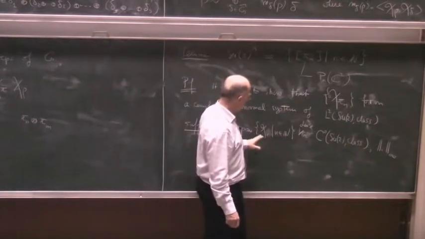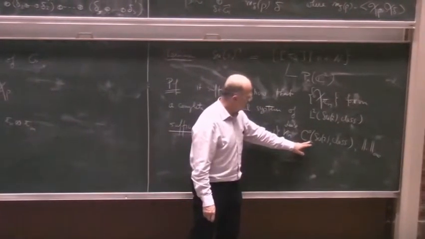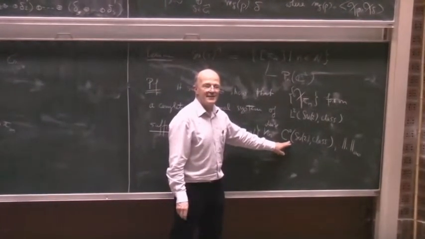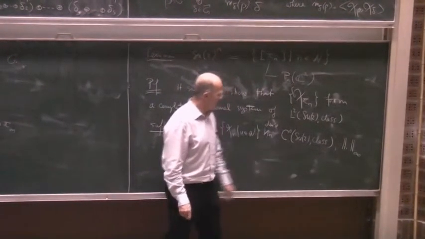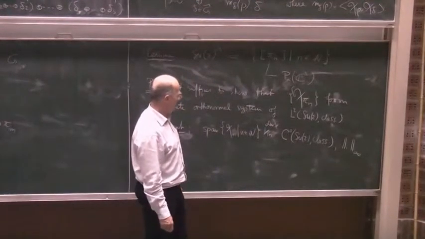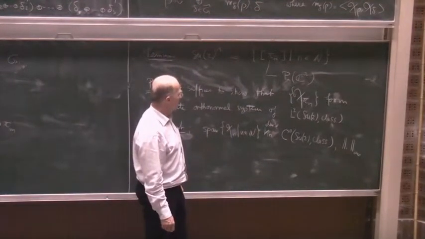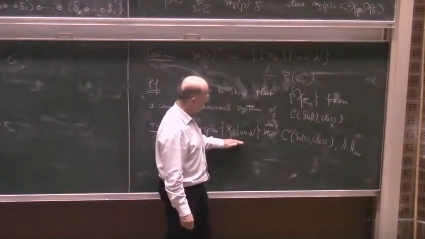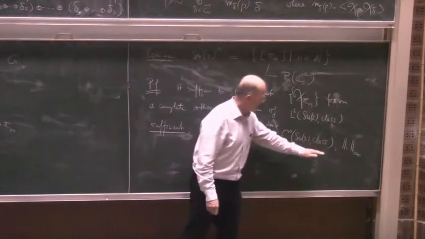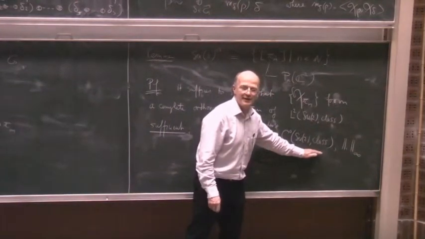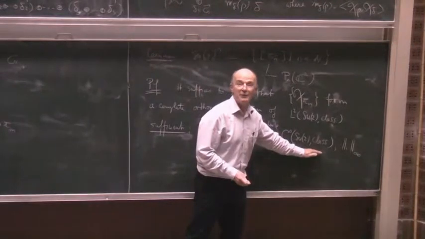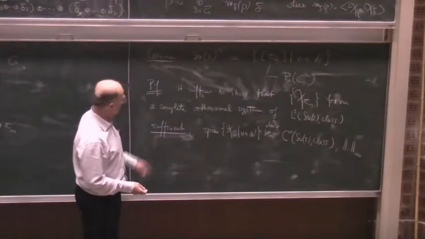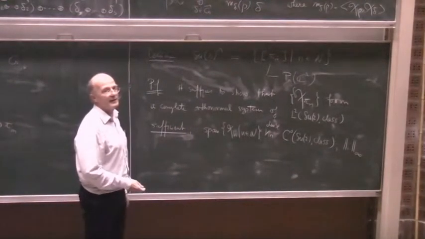Now, if this is dense in the continuous class functions, then if you have a function which is perpendicular to all those, it would be perpendicular to the span of these functions, and then by density it would be perpendicular to all continuous functions, and then you would be able to conclude that the function is 0.